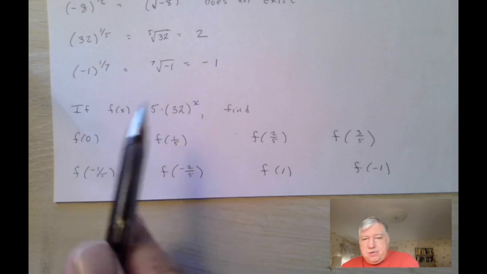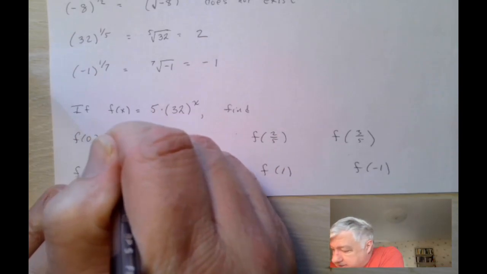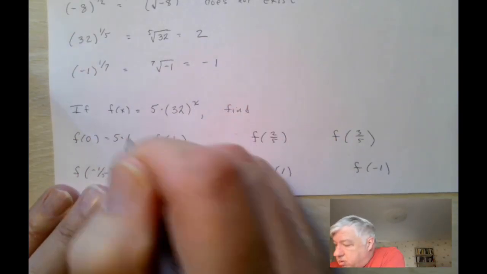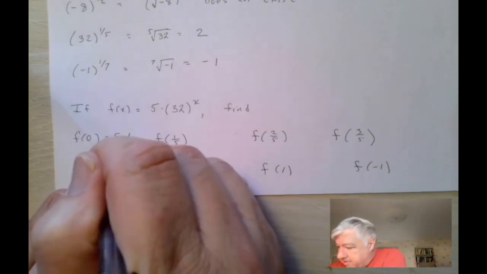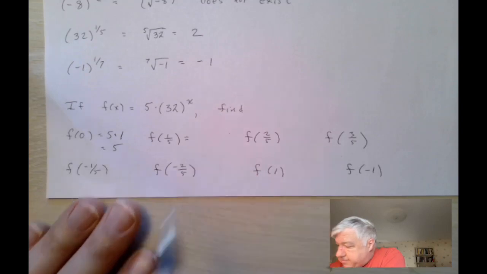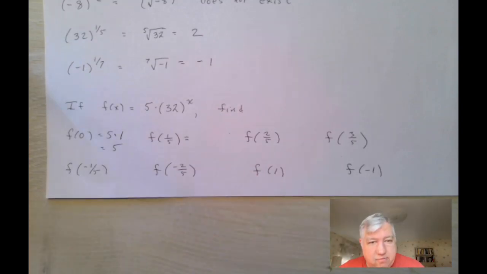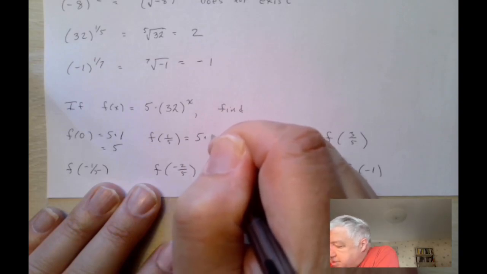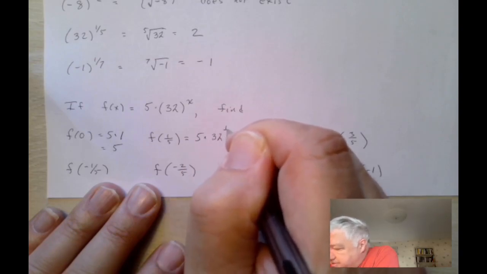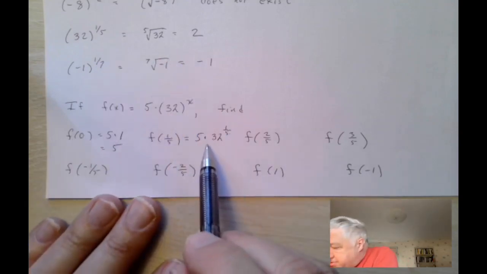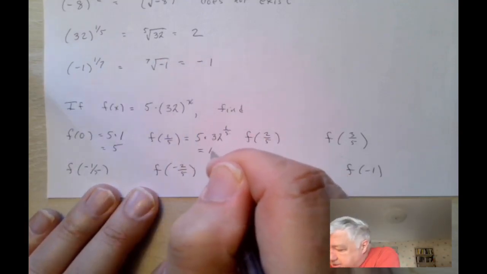So f of 0 would be 5 times 32 to the 0, which is 1, so this would just be 5. f of 1/5 would be 5 times 32 to the 1/5, and we all know that 32 to the 1/5 is 2, so this is 5 times 2, which is 10.